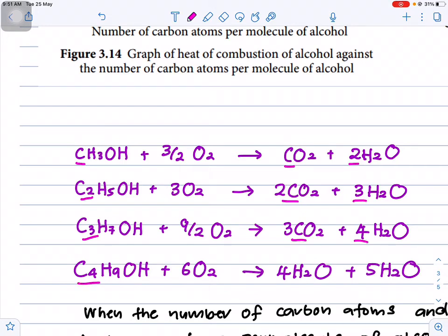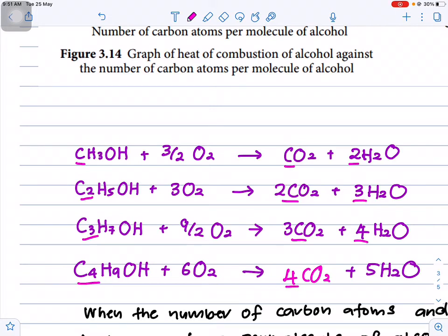When I use 4 carbon atom per molecule alcohol, I'm going to produce 4 carbon dioxide, okay, and then 5 H2O. Okay, what does it mean? Bila carbon dia bertambah satu demi satu, so carbon dioxide is also the same, and also water pun sama.